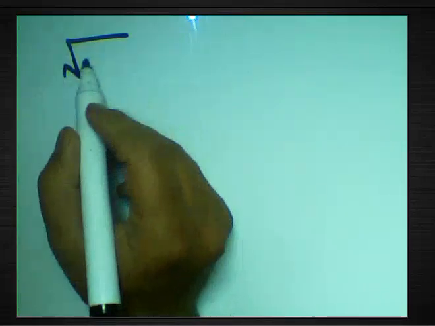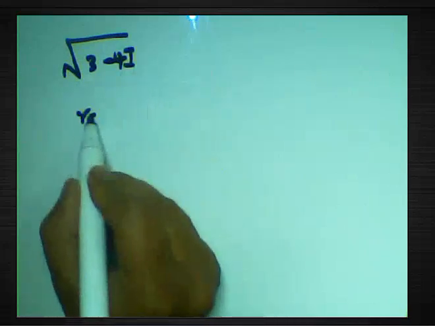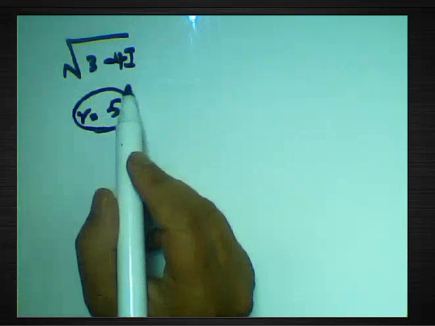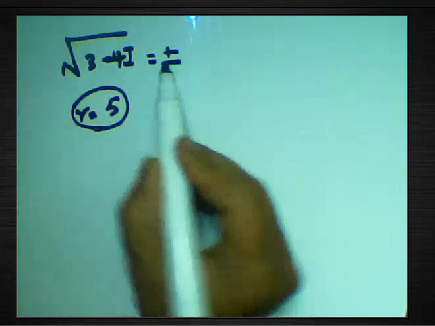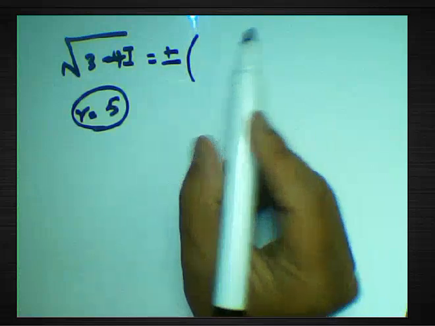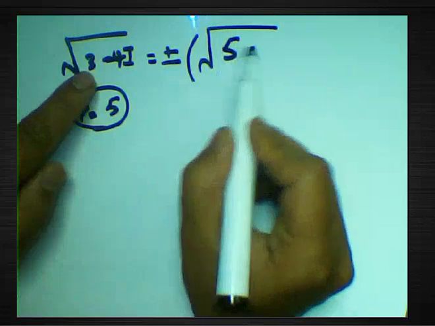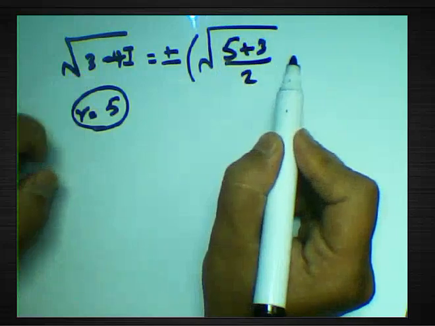What about the square root of 3 minus 4i? First, we must find r. R will be equal 5, square root of 3 power 2 plus 4 power 2. And then the square root will be positive or negative. And write square root of (r plus x) over 2, 5 plus 3 divided by 2.